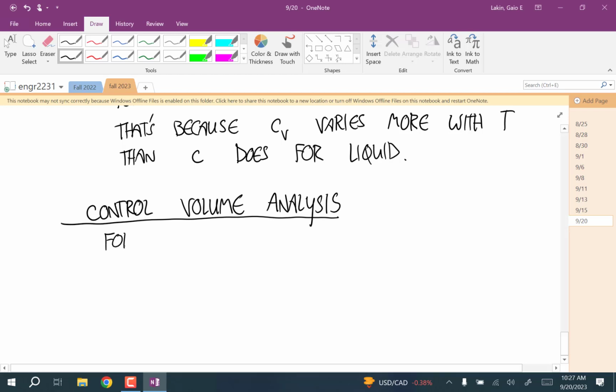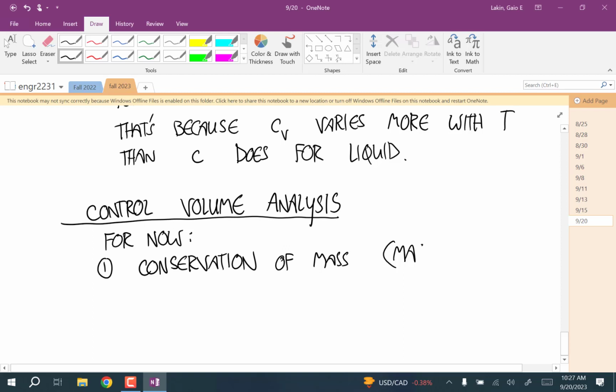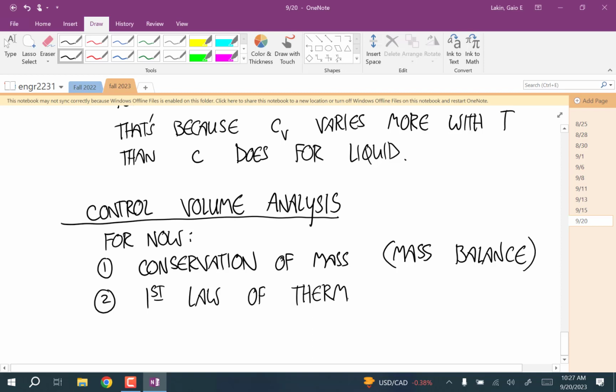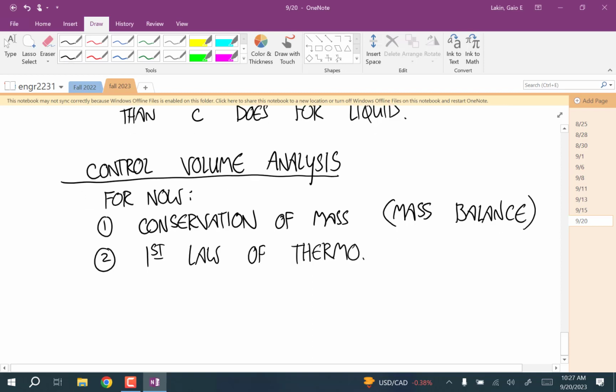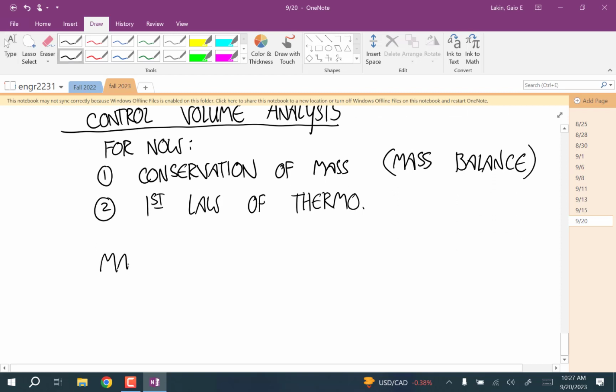For now, the only things that we're going to talk about are conservation of mass, that often you'll hear called the mass balance equation, and second, the first law. So I'm going to start with a mass balance.